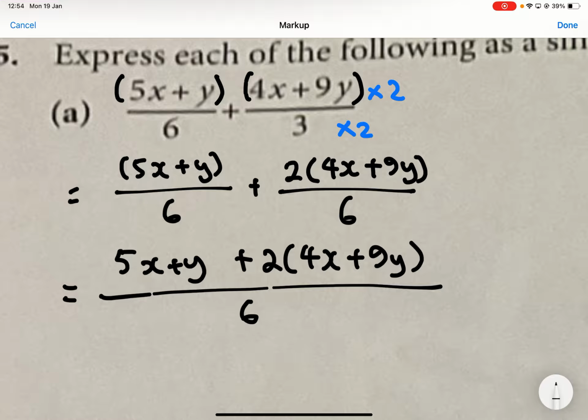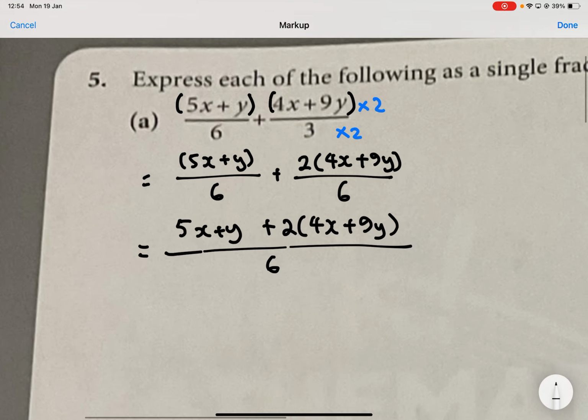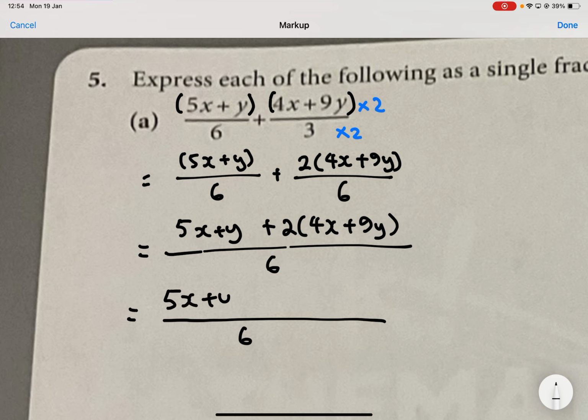Okay? Then this is the part I say don't expand first. Just keep your bracket first. Combine them together. Keep your bracket. Then next step, then do your expansion. Okay, Arik.